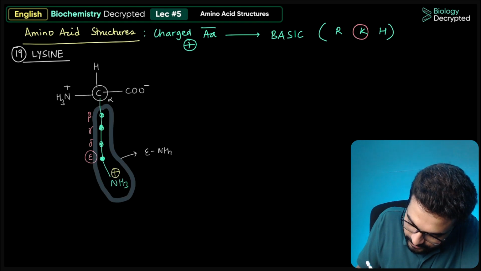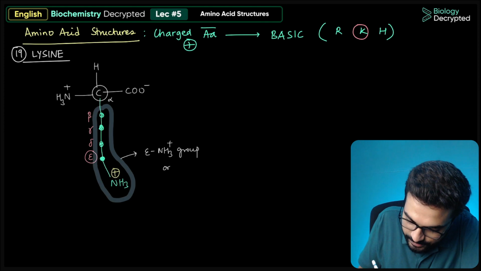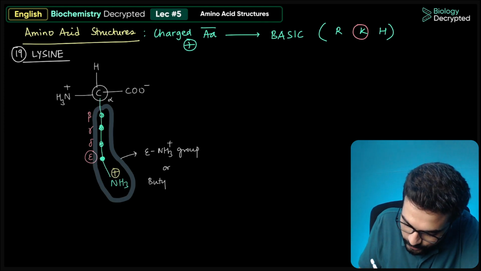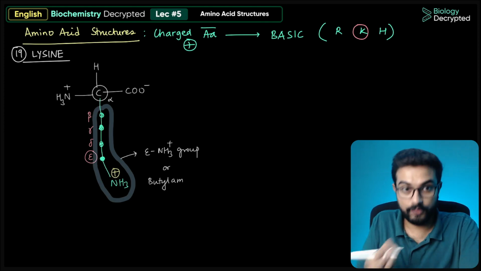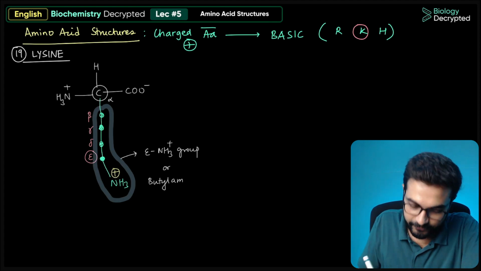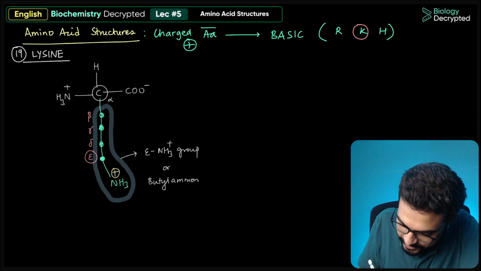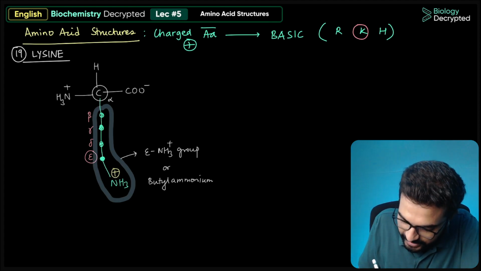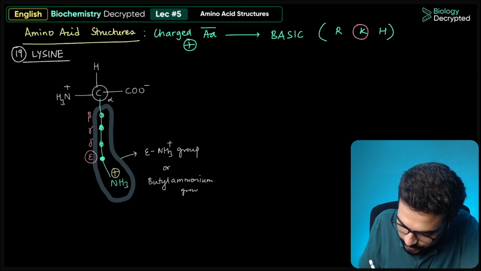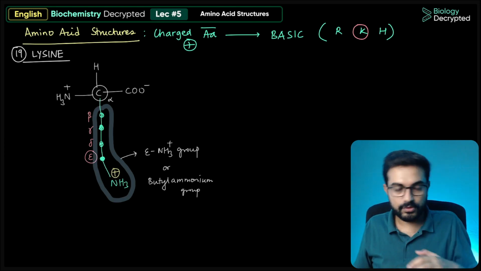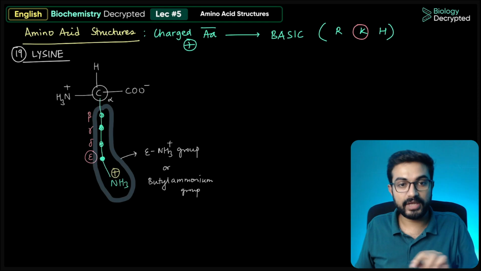It is sometimes also called the butyl ammonium group. Obviously we can call it butyl because there are 4 carbons involved. So we can call it a butyl ammonium group or a butyl ammonium side chain. Some books also refer to it as butyl ammonium.